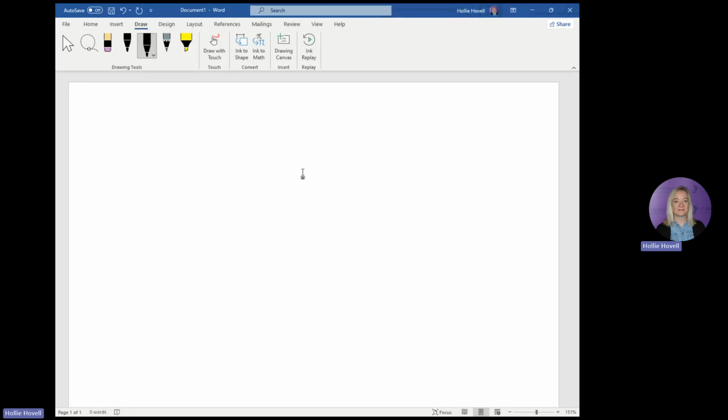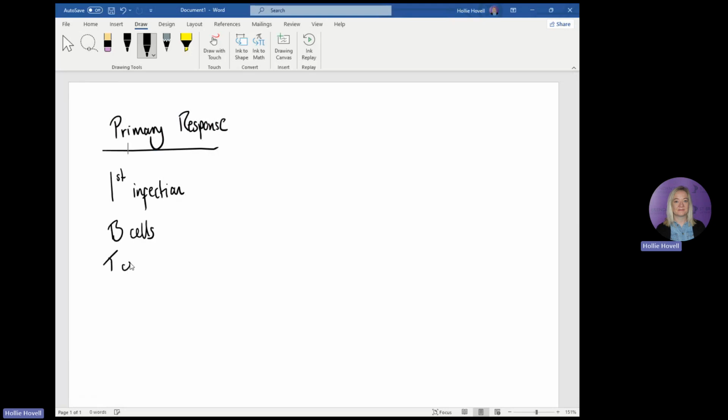Now, everything we've done so far has been what we call our primary response. And what that means is this is what happens the first time you're infected. Okay, so these B cells and the T cells that we've just gone through, all of that happens the first time we're infected. So what do we mean by a secondary response?